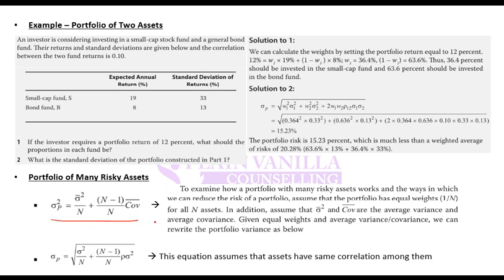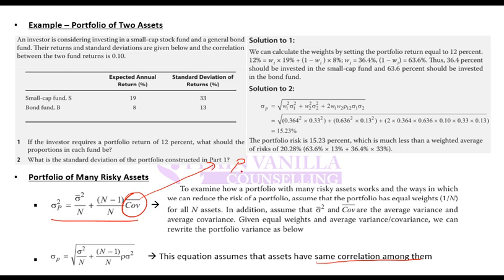Another scenario can be in which you are told that the assets also have the same correlation among them. If the correlation amongst them is also the same, then you can use another formula. If correlation for everything is the same, then you can take that one number of correlation.